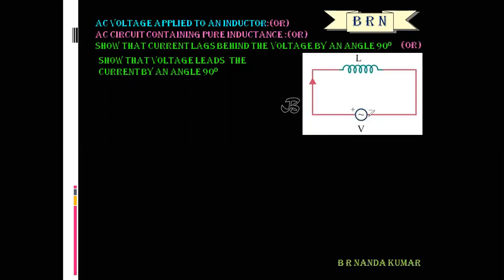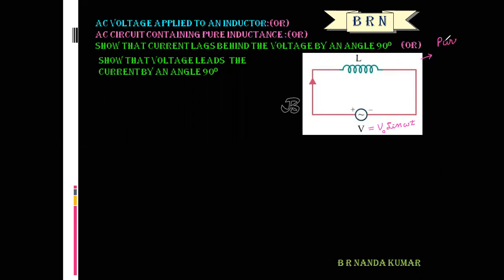So the AC voltage, that is V = V naught sine omega t, is applied to a circuit containing only an inductor. This is called a purely inductive circuit.